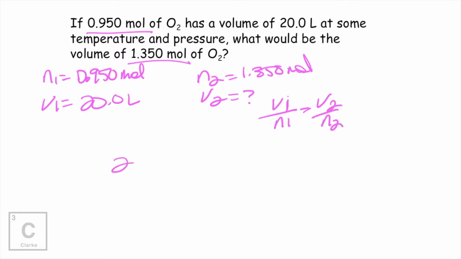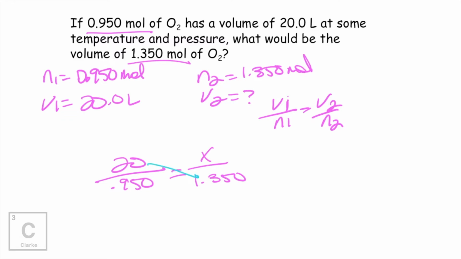So V1, that was 20 liters. N1, that's 0.950. We're looking for volume 2, so I'm going to put an X there. And then our new mole amount, 1.350. Again, as always, I prefer to cross multiply and divide. There are other ways you could do this.